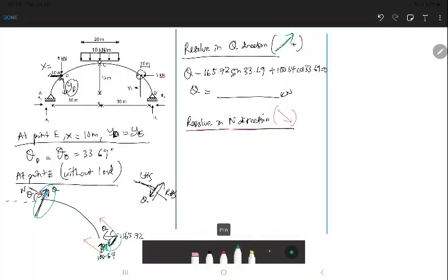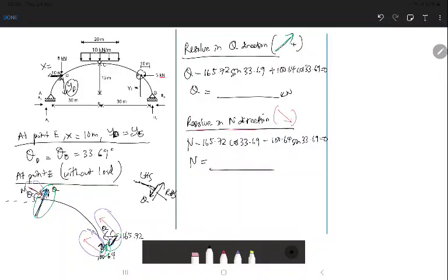This inverse, this direction positive, and then minus and minus, minus cos theta, minus 100 is for sin theta. So n, get this value.